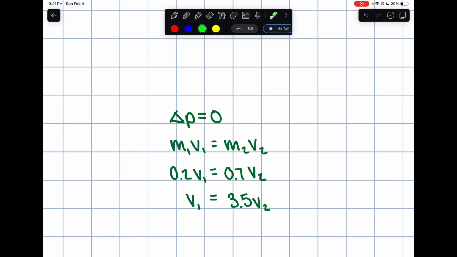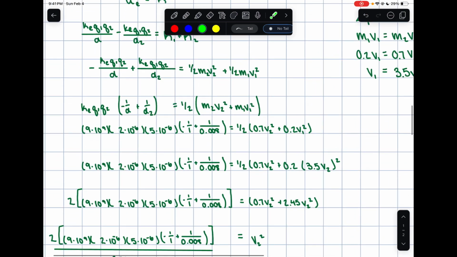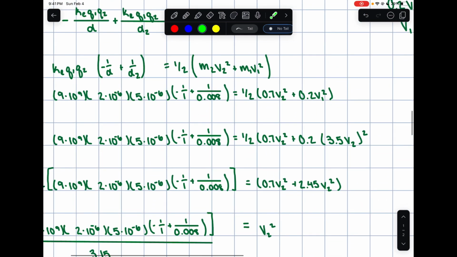So we are able to set the momentum of the first sphere equal to the momentum of the second sphere. In other terms, mass 1 times velocity 1 is equal to mass 2 times velocity 2. We can plug in the given masses, and then we can find what velocity 1 is equal to. Now that we know that, we can go down and plug that in for velocity 1.